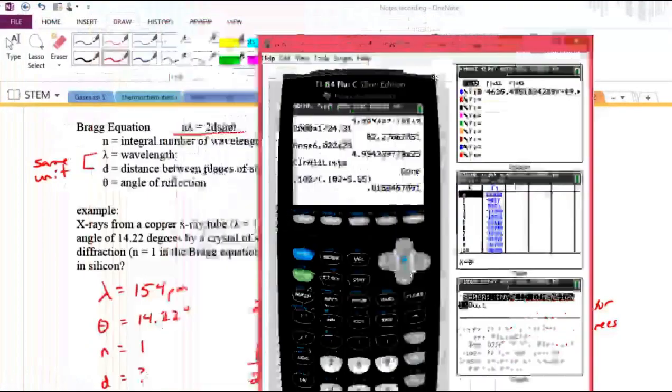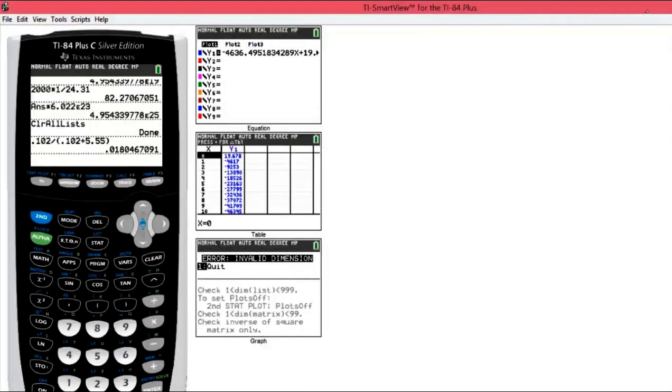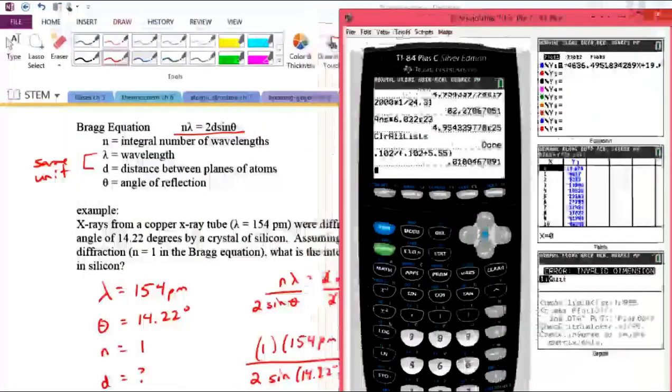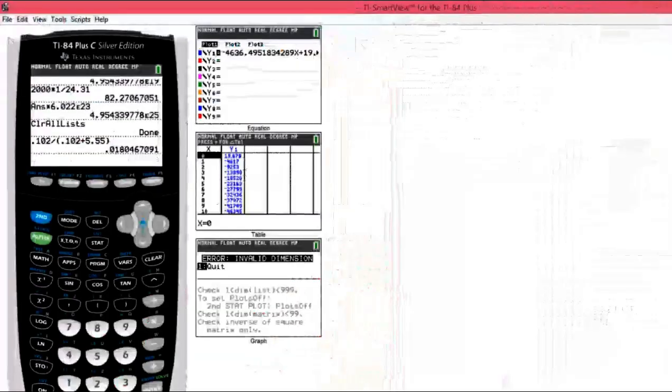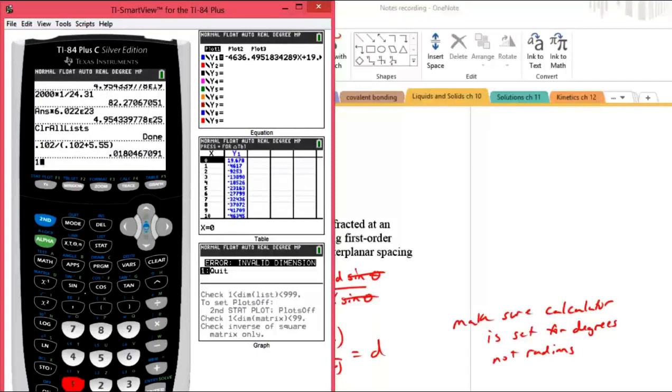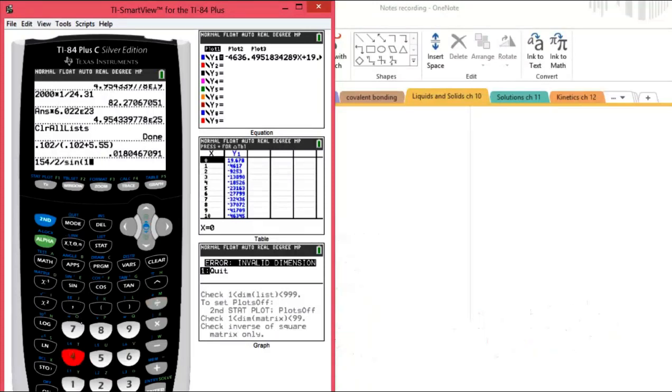All right, it apparently does not want me to do that. So we have 154 divided by 2 divided by sine of 14.22, and that gives us 313.